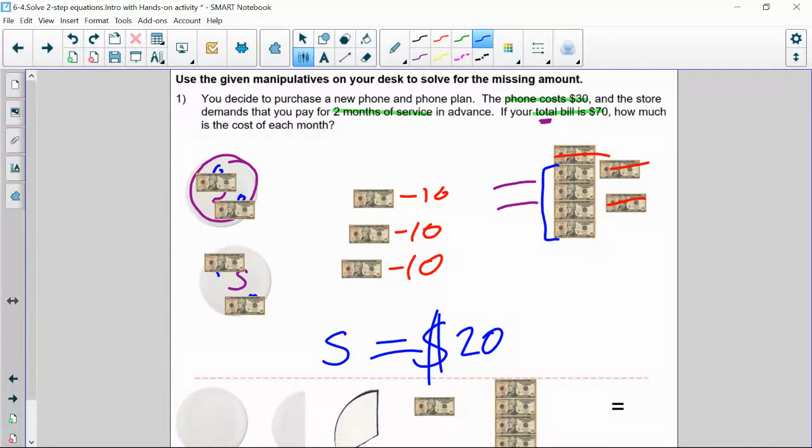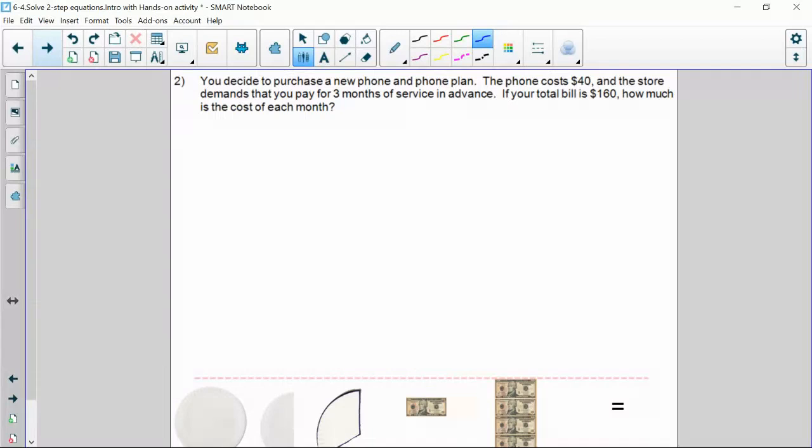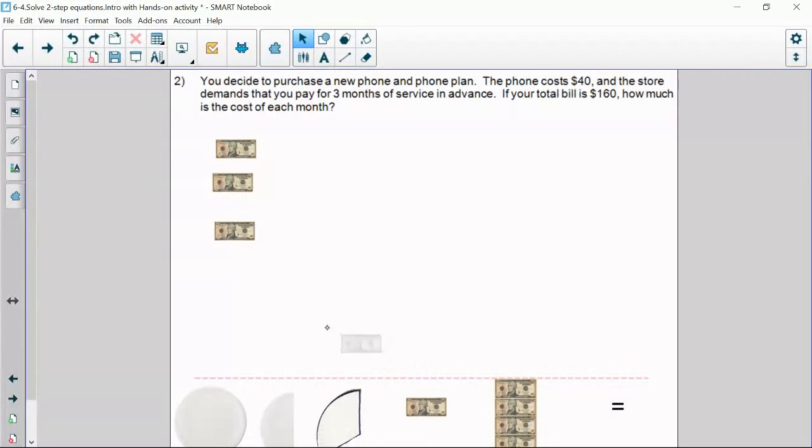So that's one way that you can model. Now we're going with the phone plan again. This time though, it says our phone costs $40. So we're going to put 40 bucks up here. The phone costs 40 bucks.